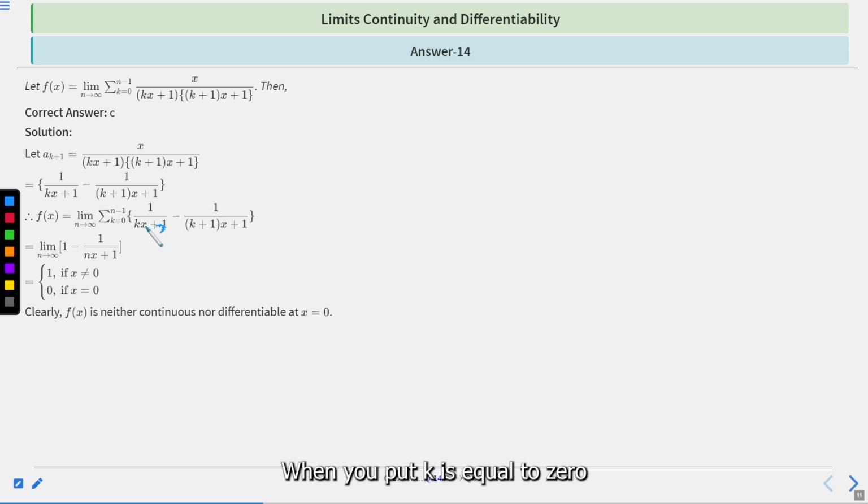When you put k equal to 0, it will be 1 minus 1 by (2x plus 1), like this. So all the things will be cancelled out. The first term of this and the last term of this will be left. Clear?